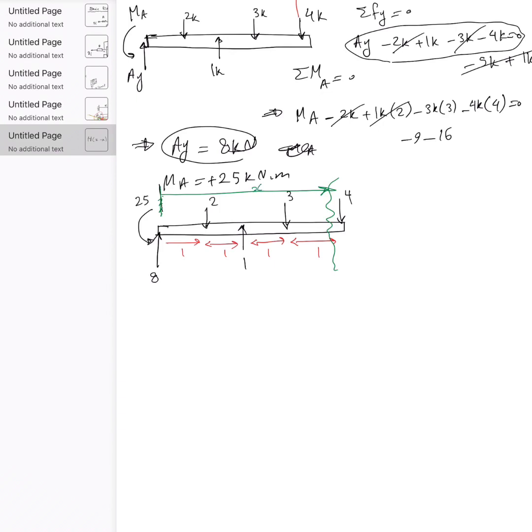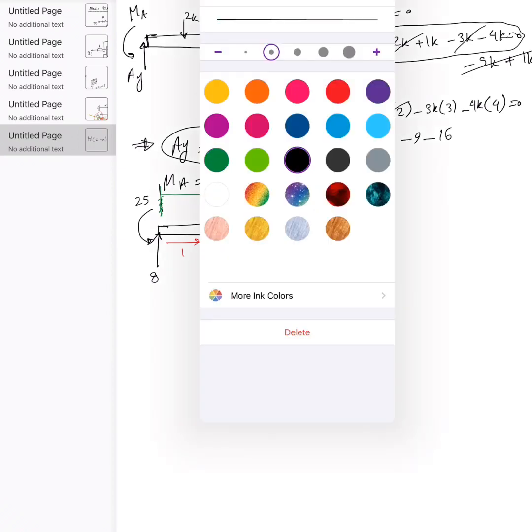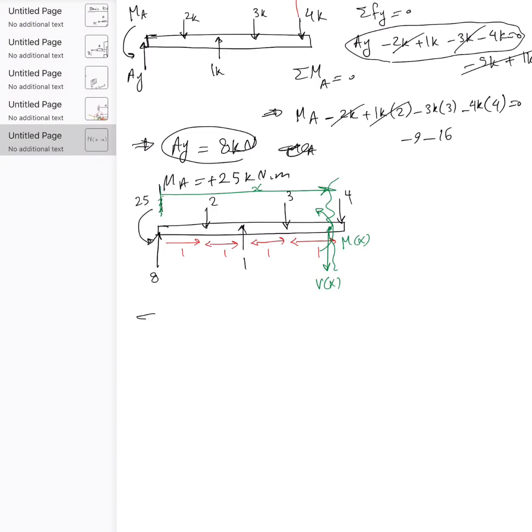And if you cut that, you're going to get a moment like that, M of X, and a shear V of X. I could add an axial load, but here I don't have any axial loading on the beam, so I just ignore it. Okay, so I write the equation, summation of moment about point X must be 0.